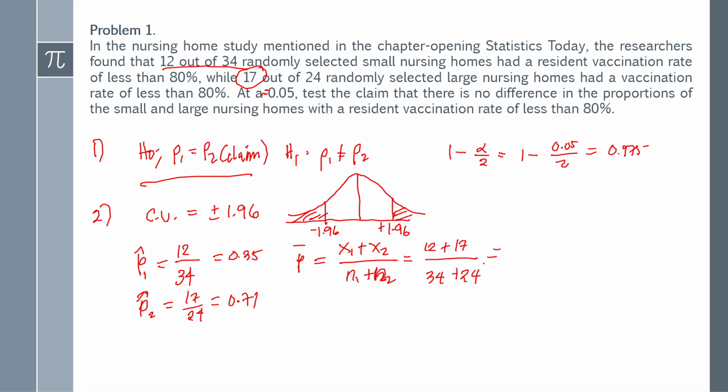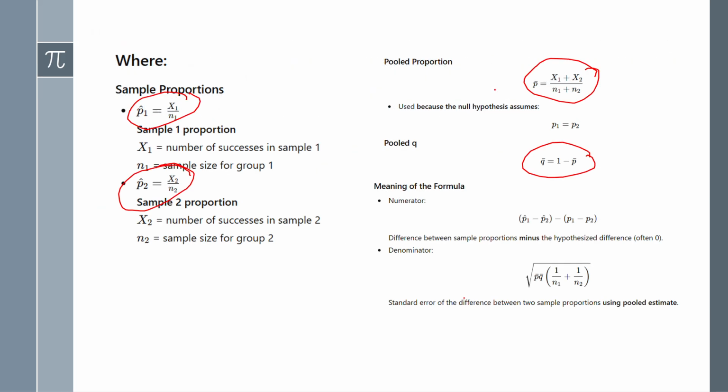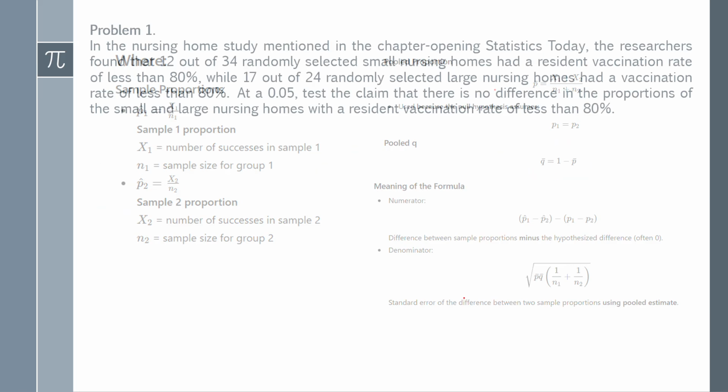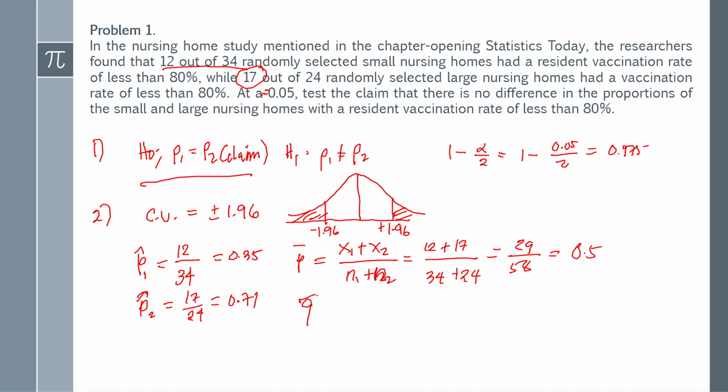We add this: we have 29 over 58, which is equal to 0.5. The next one is we need to find the pooled Q. Q bar is 1 minus P bar, so 1 minus 0.5 is 0.5.